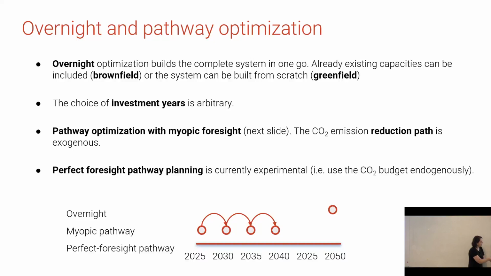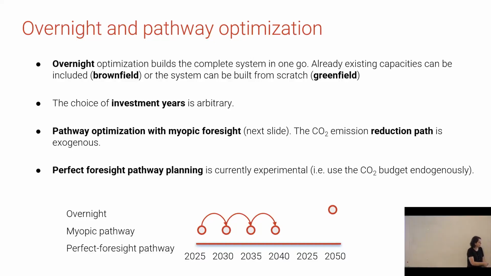One is what we call overnight, and this just means that I'm going to ask PyPSA-Eur to co-optimize the full system on a certain horizon. It doesn't need to have a time reference, because the horizon I'm just deciding based on the CO2 constraint. Let's say I'm asking the model to co-optimize a European sector coupled system that is net zero in emissions. This we call overnight, meaning as if you build the whole system in one night.